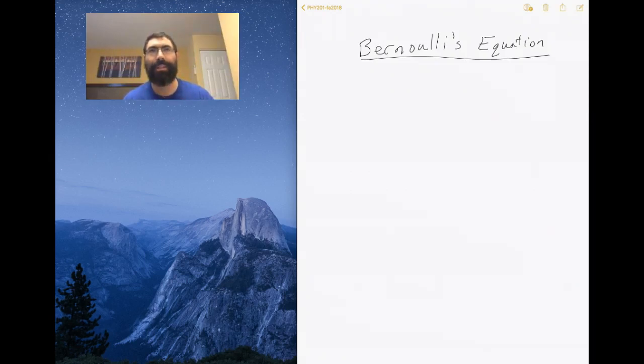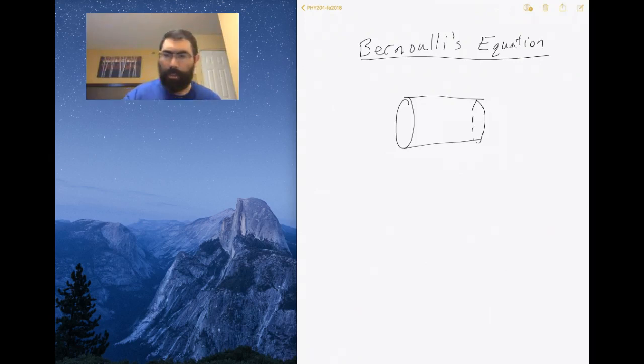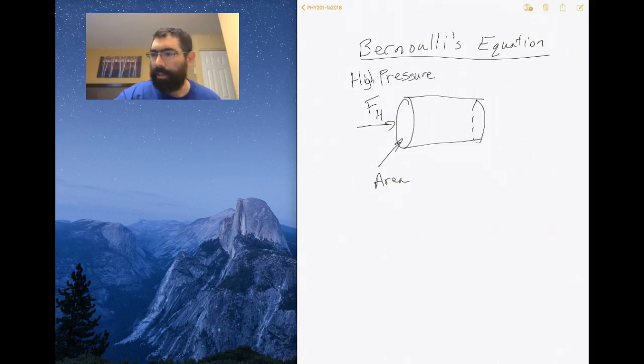So if you think of Newton's second law, whereas the continuity equation was more like Newton's first law. And so what if we consider a volume which has a certain cross-sectional area right here, then there may be a force on, we'll call it the high side. So this is the side of high pressure. And this would be the side of low pressure.